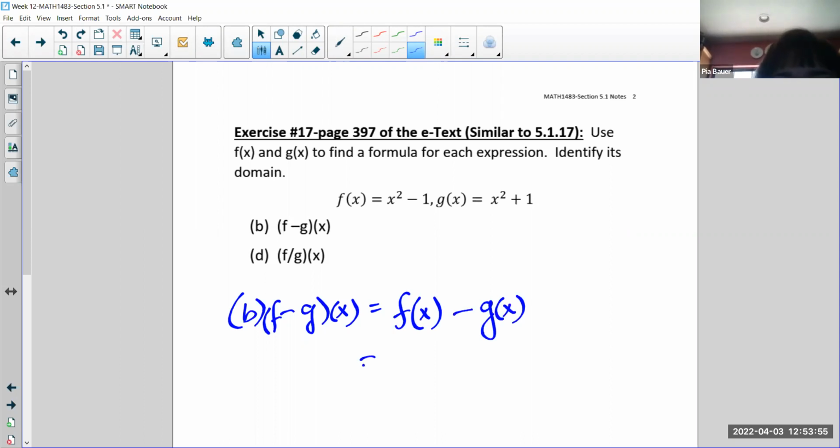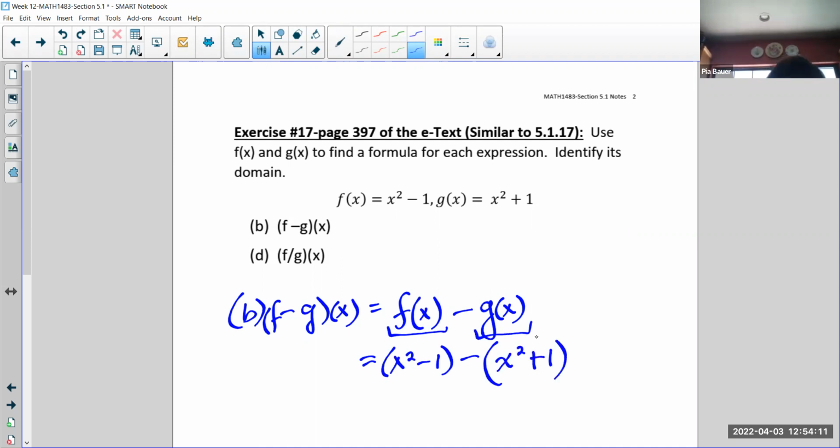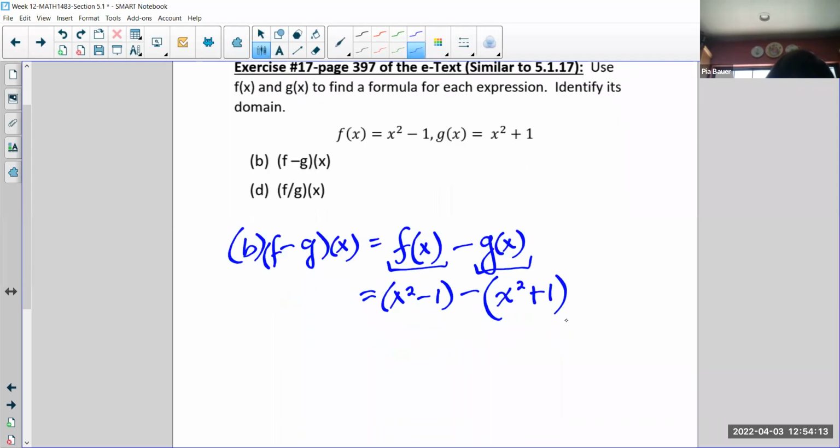So I'm going to substitute f of x for the formula that you're given, which is an x squared minus 1, minus, and you're going to substitute g of x for the formula you're given, which is an x squared plus 1. And so your answer is going to be another formula in terms of x.